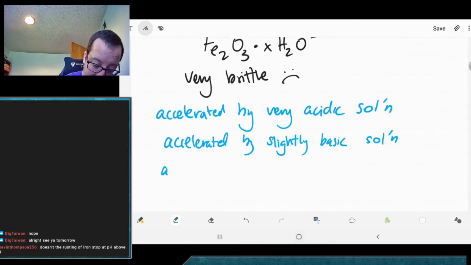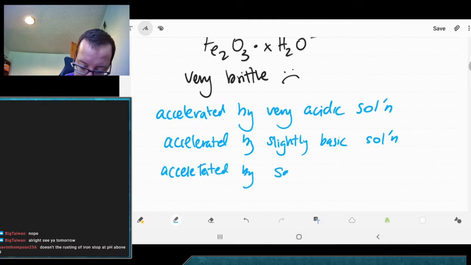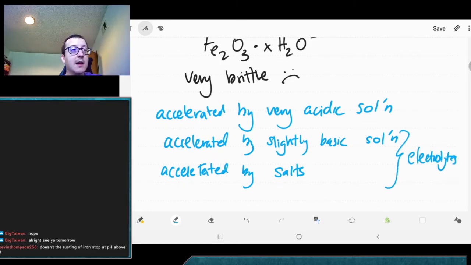And also accelerated by salts. The reason for these is that we have electrolytes around, and those electrolytes are going to act as a salt bridge essentially to complete the electronic circuit, right? The electrolytes are provided by salts.